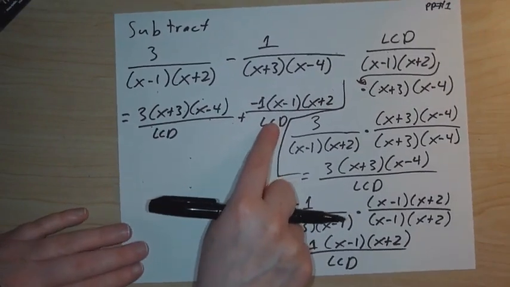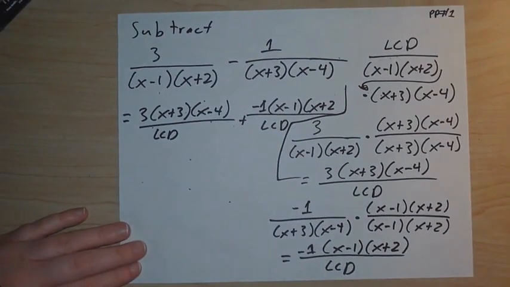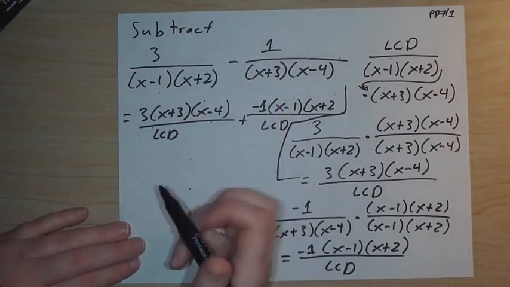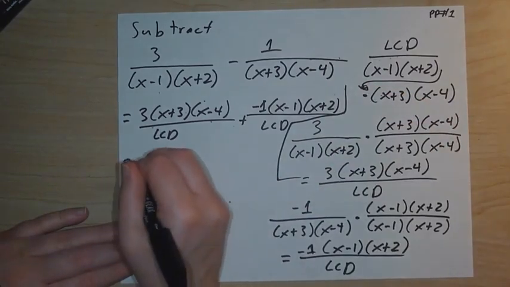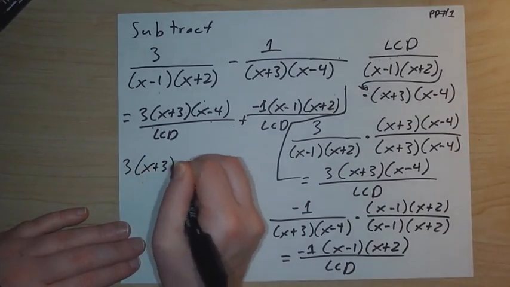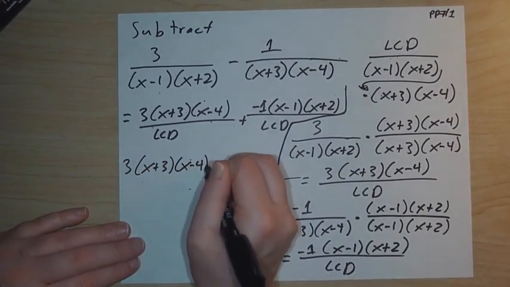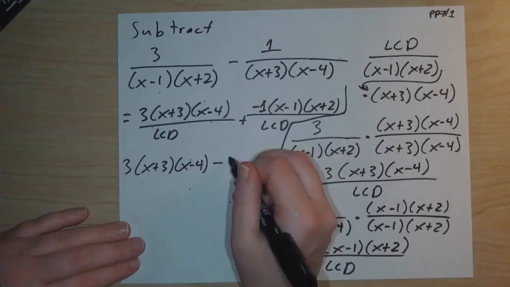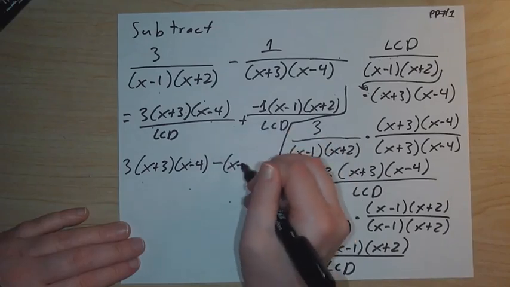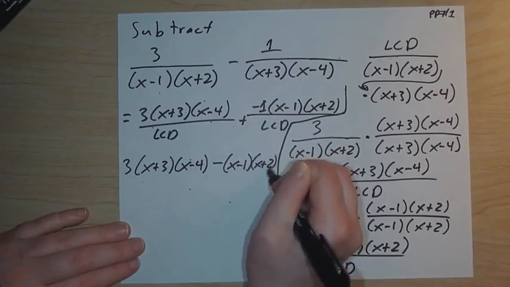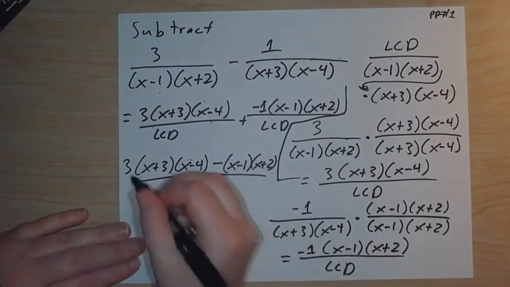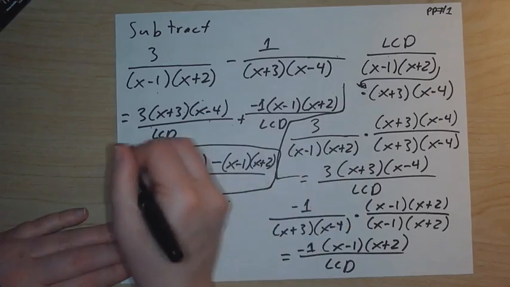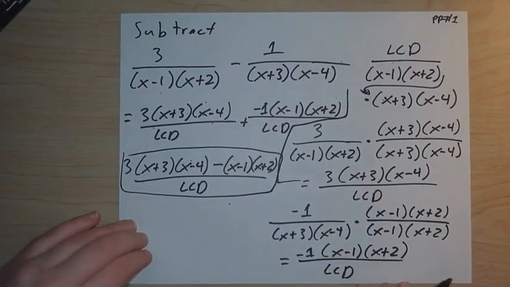So we can rewrite it like that. Now we can add these two things up top. So this is 3 times x plus 3 times x minus 4 minus x minus 1 times x plus 2, all over the LCD. It's very long, but that's how you would do a problem like that.